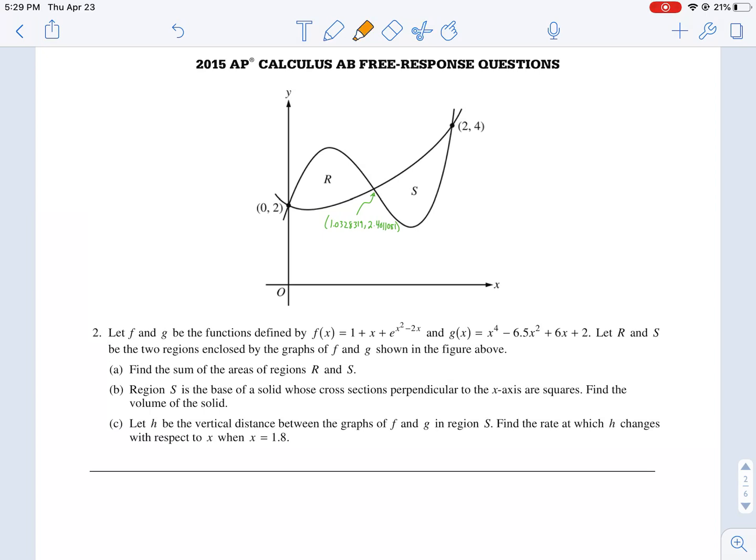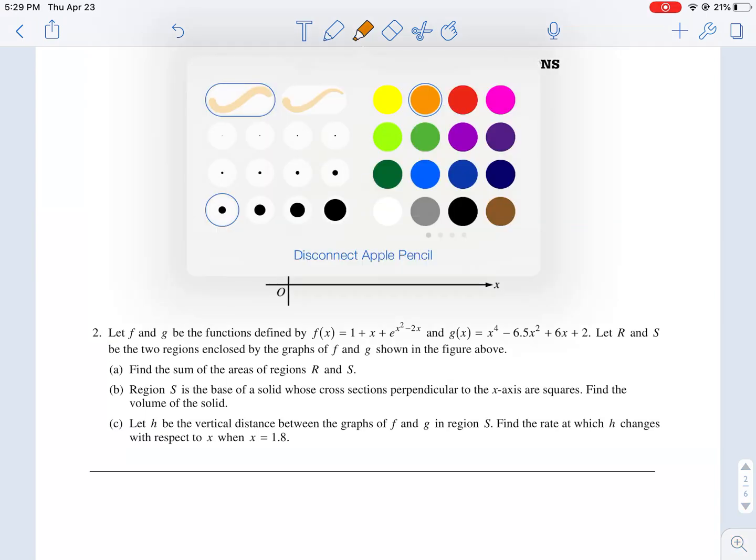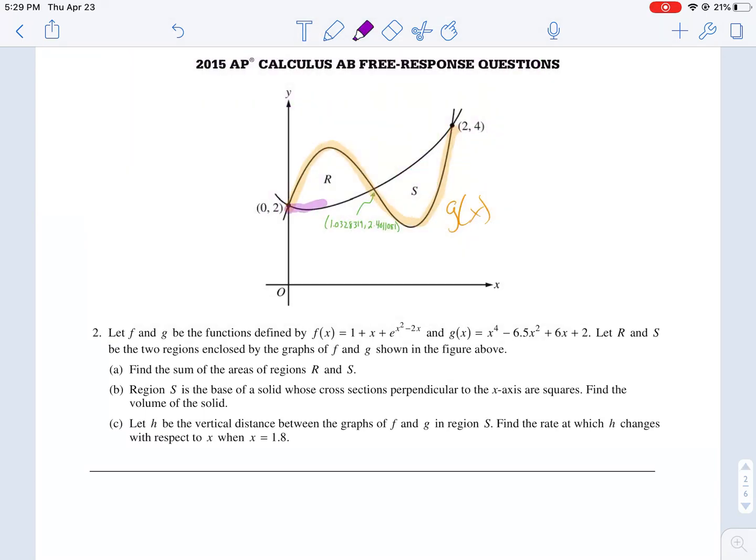So what we have is this function right here is the quartic g of x, and then this function is our function f of x, and that's important because it switches at the intersection point that I labeled in green which function is above versus which is below.